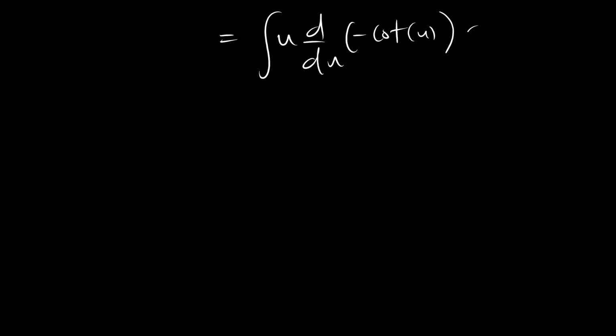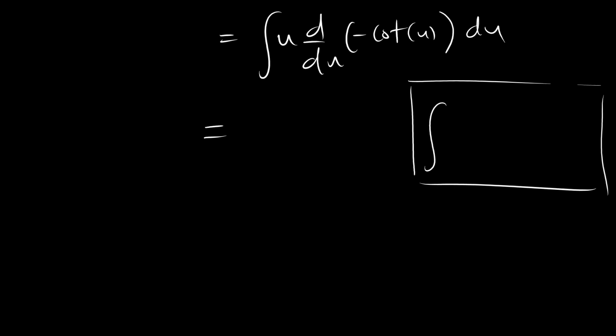Okay, so we've come to a point where we have u, the derivative of negative of cotangent of u, du. Using integration by parts, draw our usual box. The integral of u dv is equal to uv minus the integral of v du.